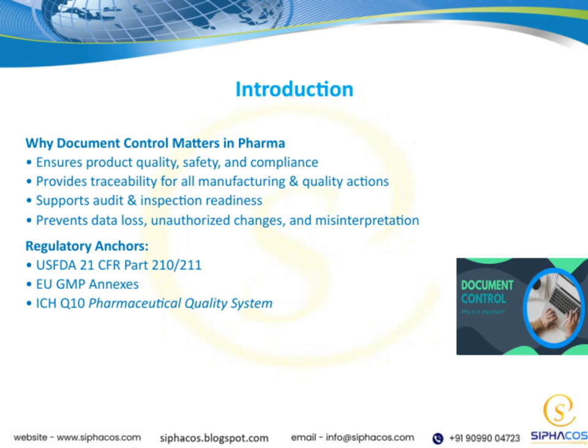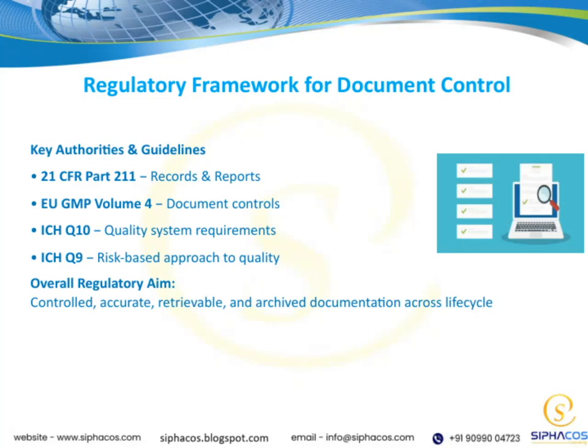And then there's ICH Q10, which outlines a comprehensive pharmaceutical quality system that emphasizes the importance of robust documentation throughout the product lifecycle. Together, these regulations underscore how essential effective document control is to ensure consistent product quality, compliance, and ultimately, patient safety.